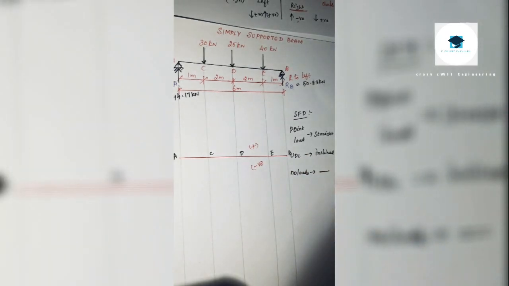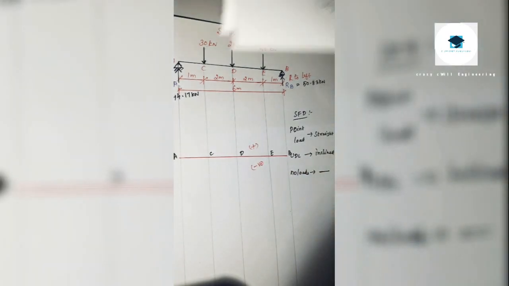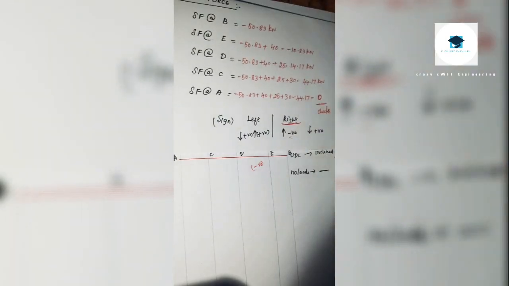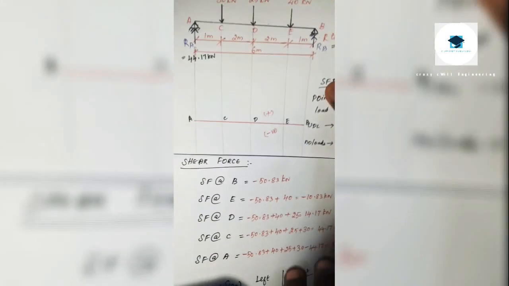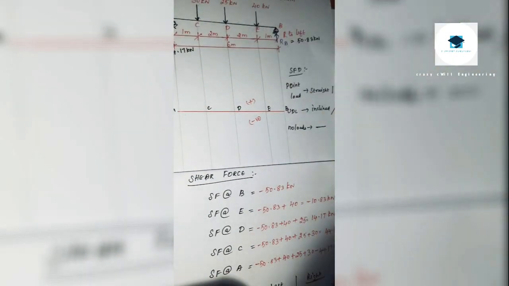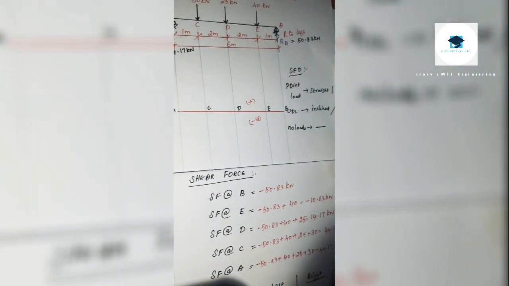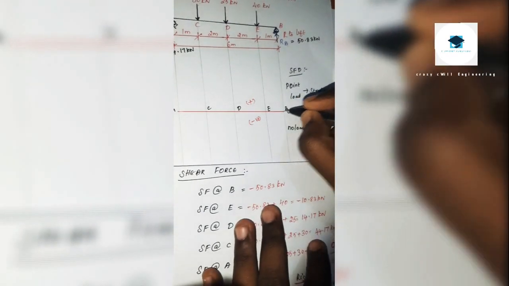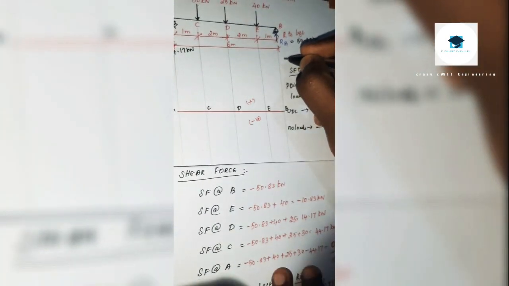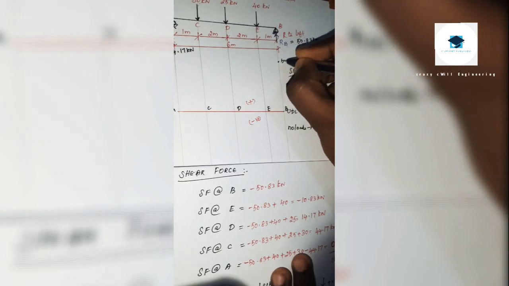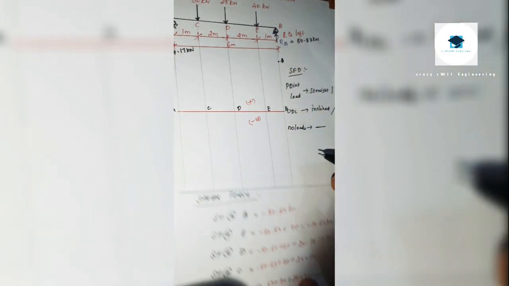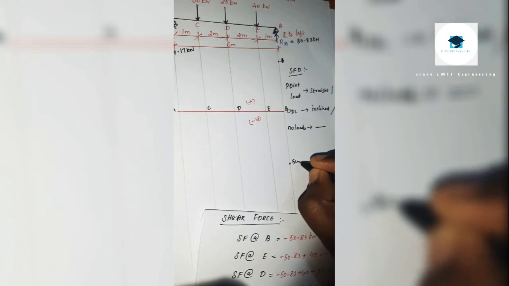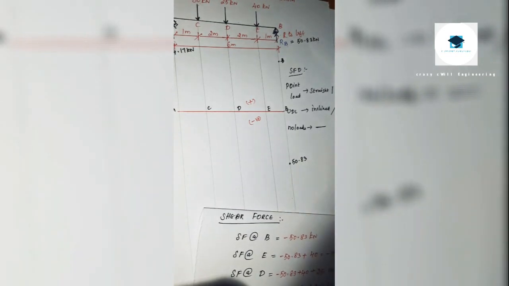Okay, first mark the values for shear force. At B, shear force is minus 50.83. At B point, the shear force is minus 50.83.